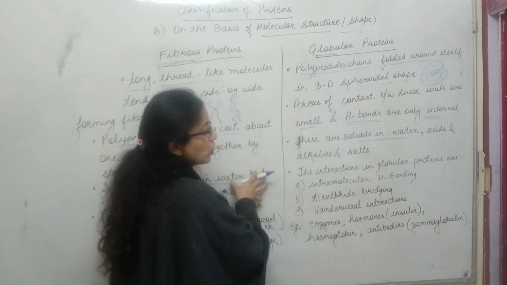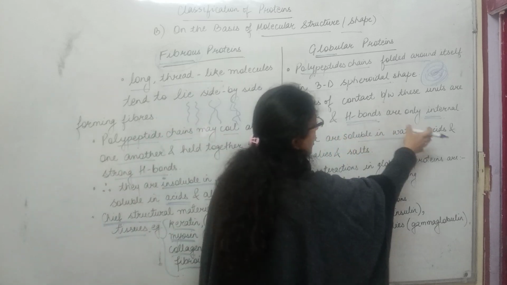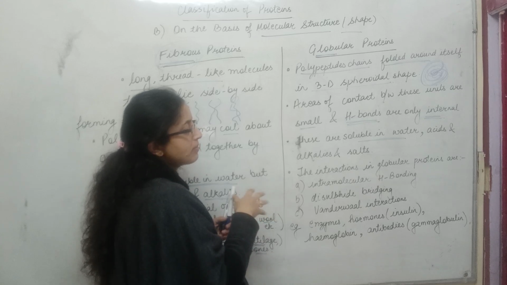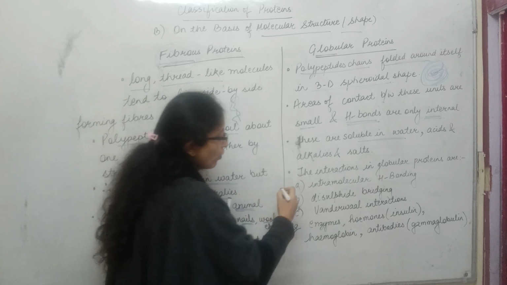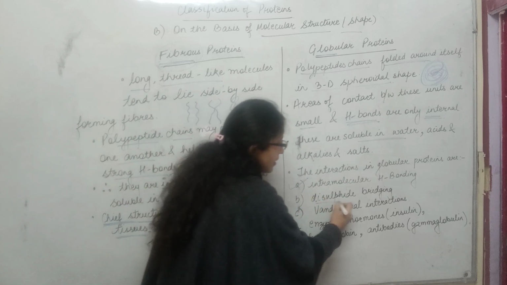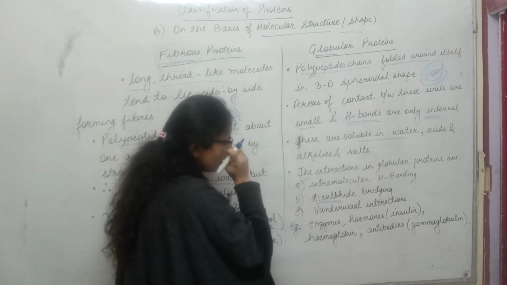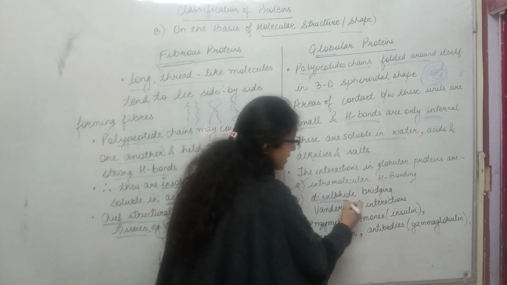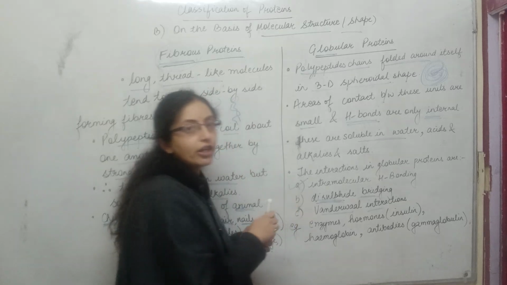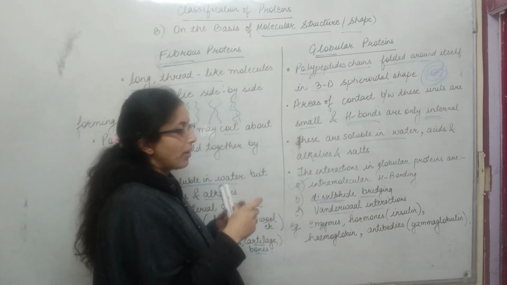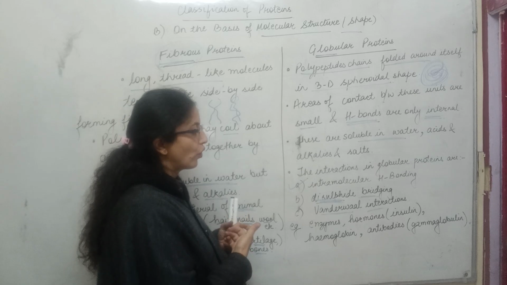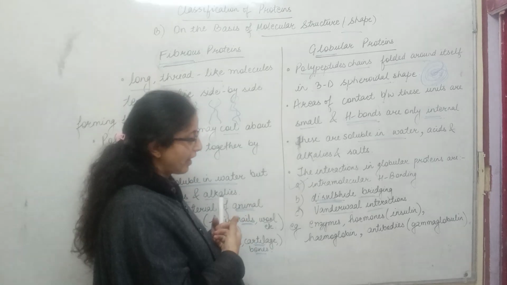Unlike the fibrous ones, which were insoluble, these are soluble in water, acids, alkalis and salts. The interactions in globular proteins are mainly intramolecular hydrogen bonding, sulfur bridging, that is sulfur bonds, which we call disulfide bridging. Then there are dipole interactions or van der Waals interactions, between the polar parts. So dipolar interactions, or we can call them van der Waals interactions.